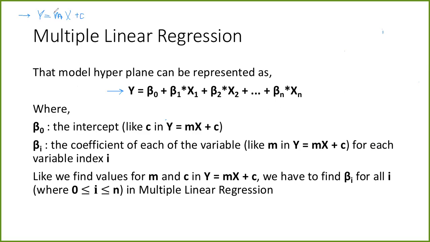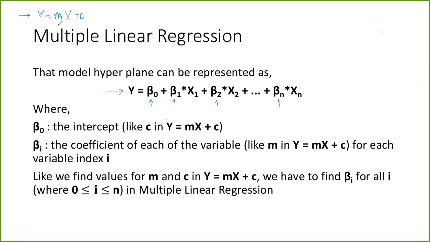Here, instead of using m and c for parameters, we are using beta parameters. Instead of c, which is the constant value, we are using beta 0, which is a scalar value. And these are the other coefficients, beta 1, beta 2, and beta n, instead of m.